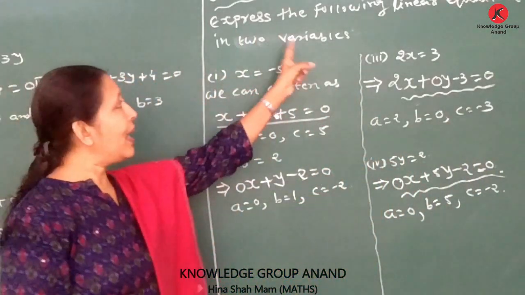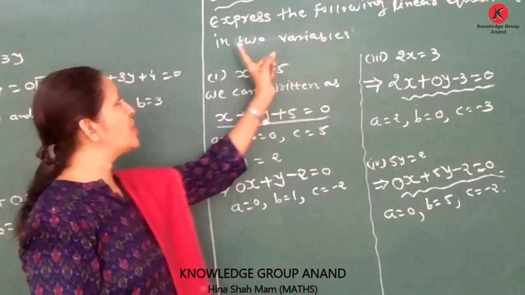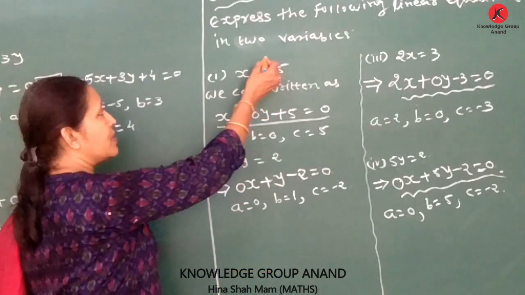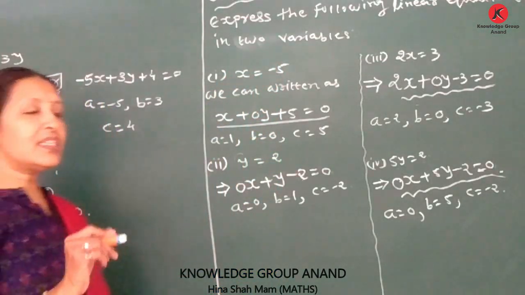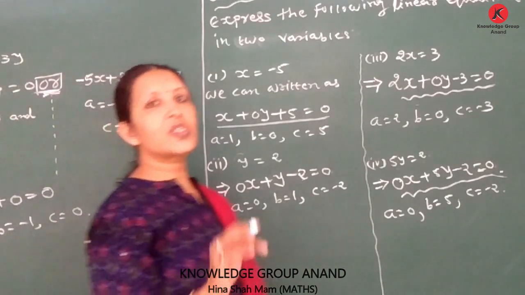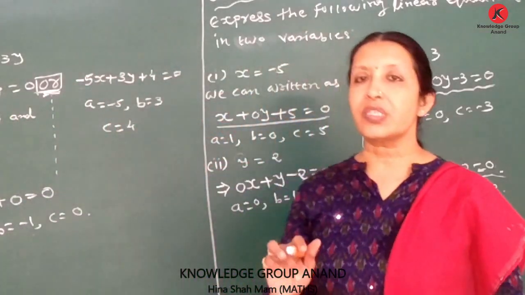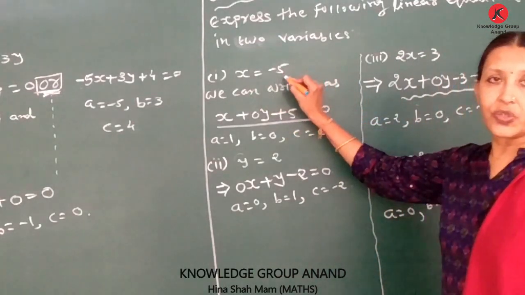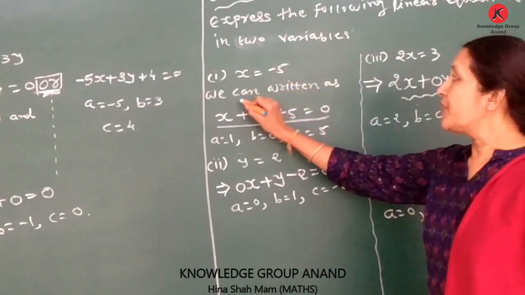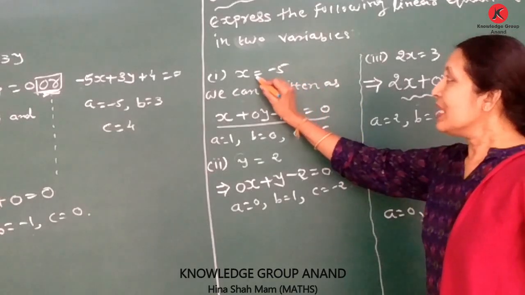The question is of this type. Express the following linear equations in two variables x and y. It is written in standard form ax plus by plus c is equal to 0. Number first, x is equal to minus 5. We can write it as x.